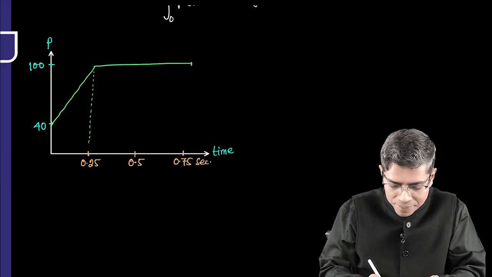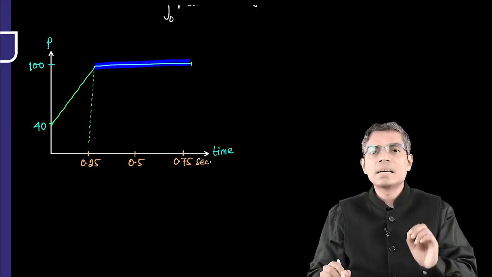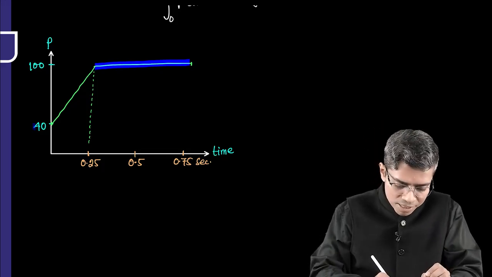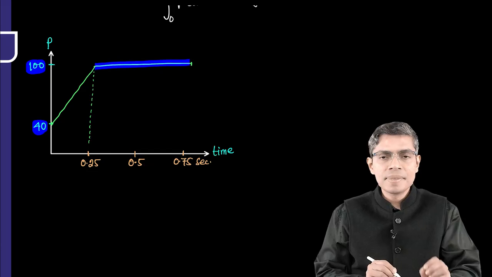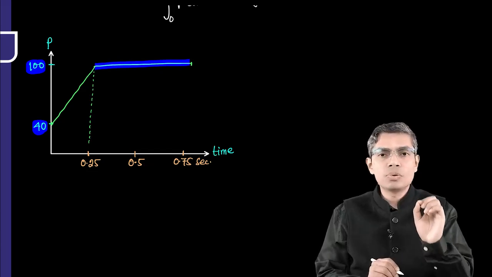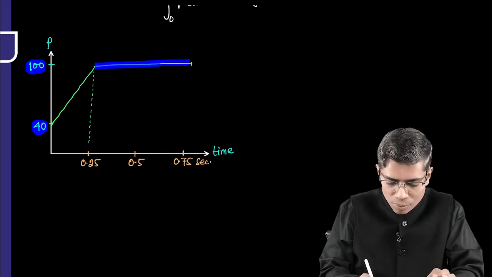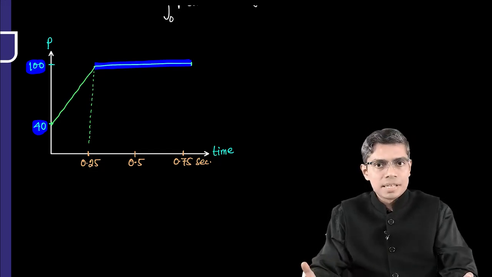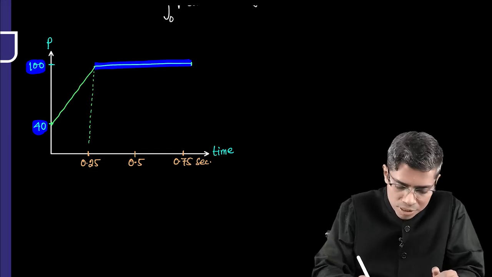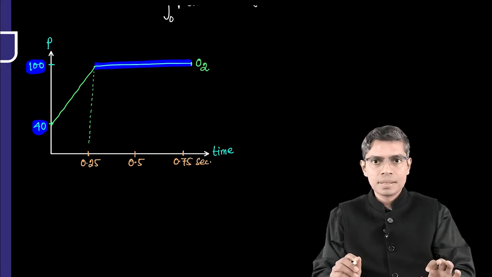So in the oxygen diffusion curve you are getting a plateau. The partial pressure of oxygen rises from 40 to 100 millimeter of mercury, taking only 0.25 seconds in the pulmonary capillary, and then for the remaining 0.5 second there is no increase in partial pressure of oxygen, because there is no diffusion. So this is typical of the oxygen diffusion curve.